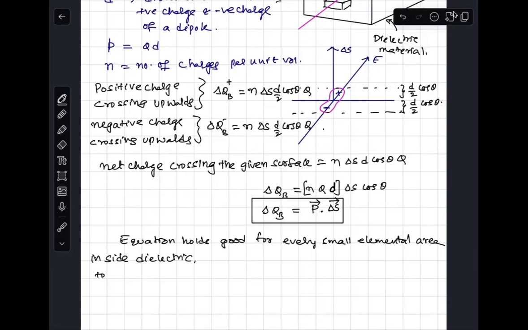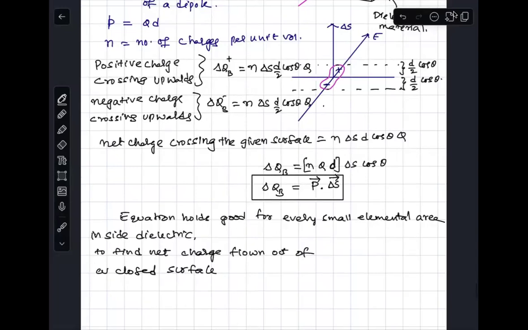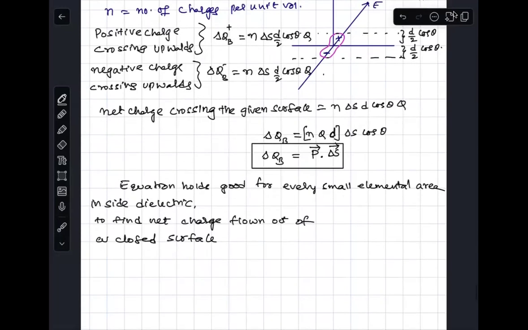Okay. To find net charge flown out of a closed surface, simply, we will integrate equation 1 like this. dqb is p bar dot ds bar.